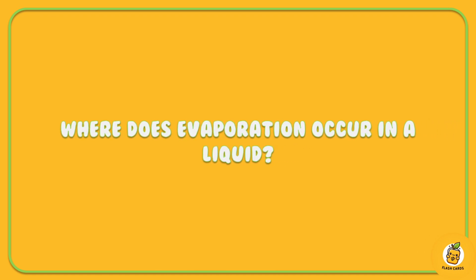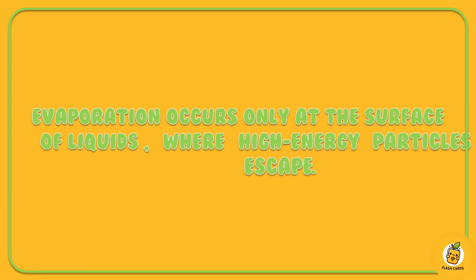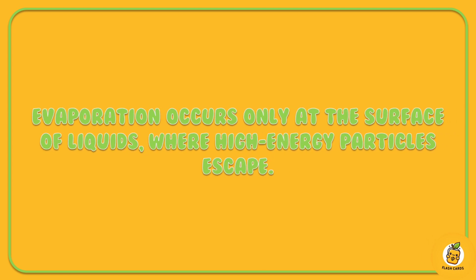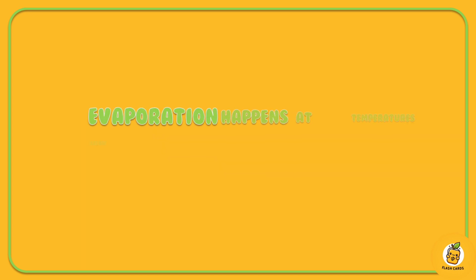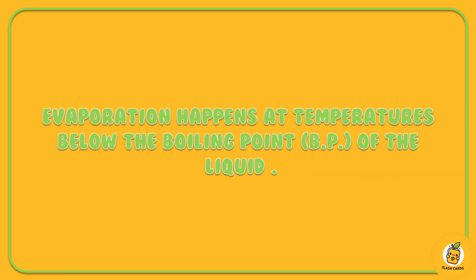Where does evaporation occur in a liquid? Evaporation occurs only at the surface of liquids, where high-energy particles escape. At what temperatures does evaporation occur? Evaporation happens at temperatures below the boiling point of the liquid.